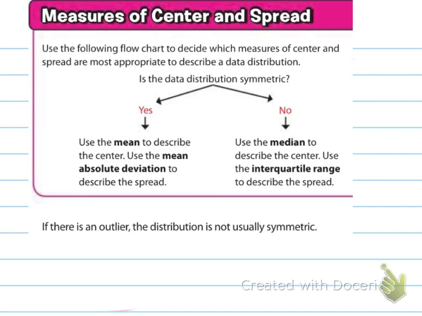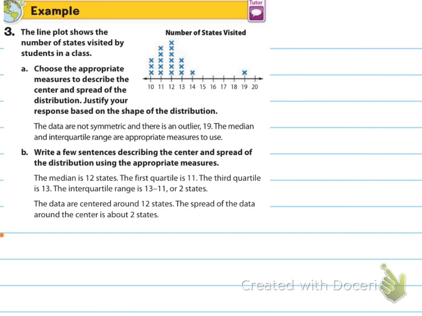If it's symmetric, we use mean. If it's not symmetric, we use median. And it's not symmetric, because there is an outlier, so we are going to use median. Remember that if there was an outlier, like an extreme value, we would default to median instead of mean, because that outlier really affects the mean. So we're using median, and we're also going to find the interquartile range to find the spread.